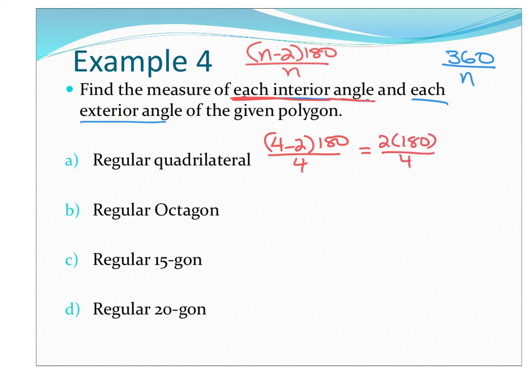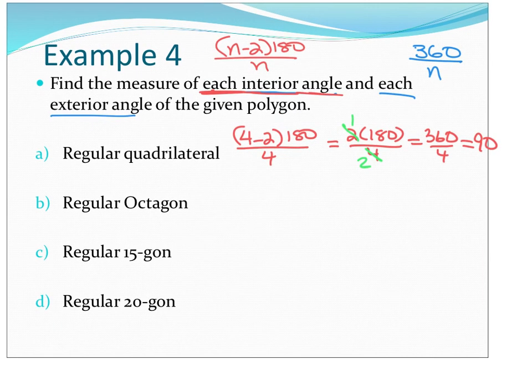If you want to simplify before you divide, you could do that, or you could just multiply and then divide and get 90. But if you prefer, make this a 1, make this a 2, and then just divide 180 by 2, especially if you're not using a calculator. So each interior angle is going to be 90 degrees.